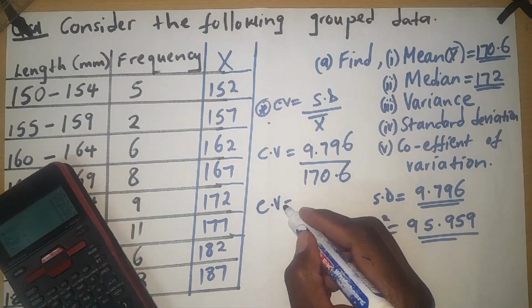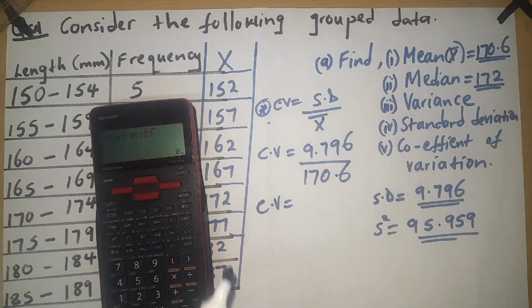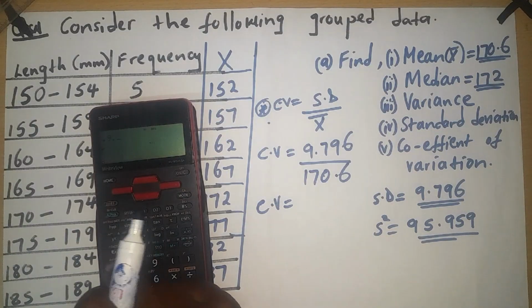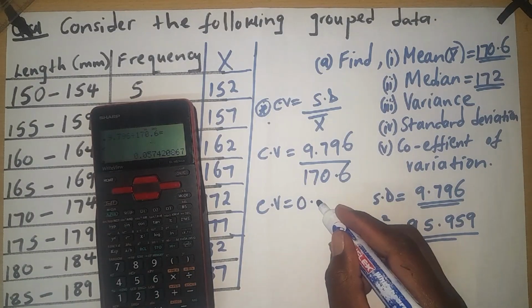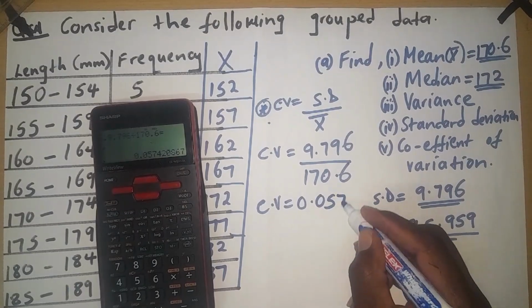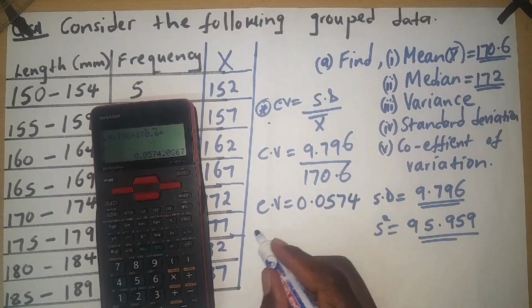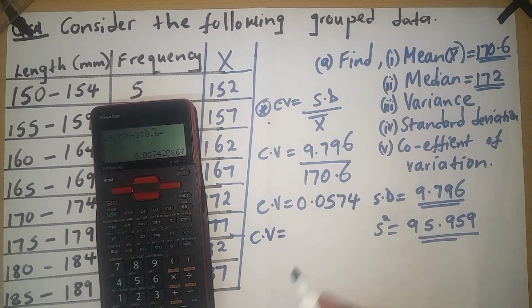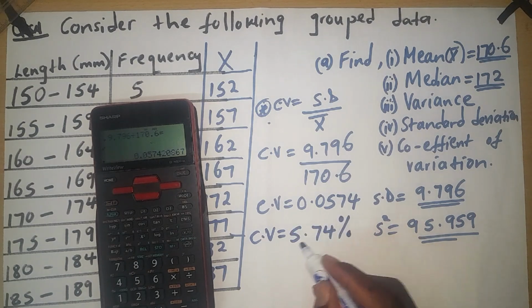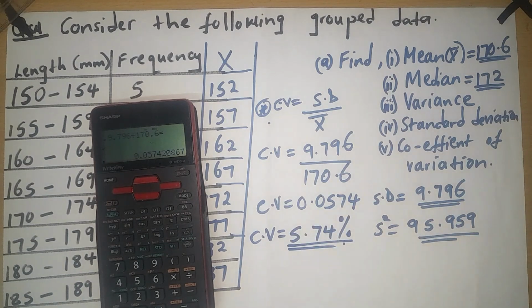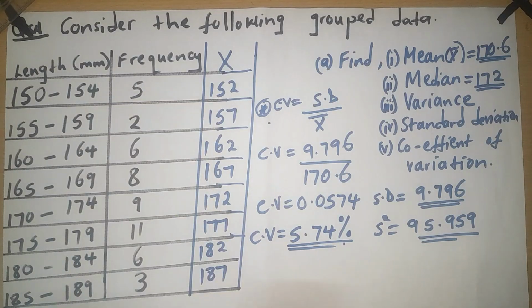So 9.796 divided by 170.6 gives us 0.0574. You can write this coefficient of variation as a percentage, which is 5.74%.